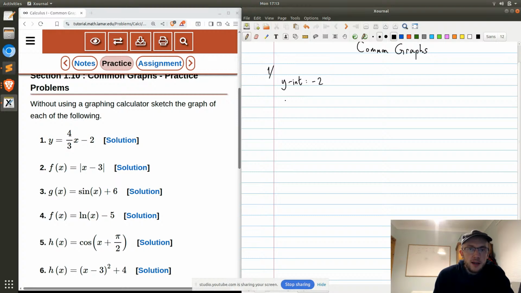And for the x-intercept, set it equal to 0 and solve for x. So 4/3 of x equals 2. So x equals 2 times 3/4, which is 1.5, or 3/2.